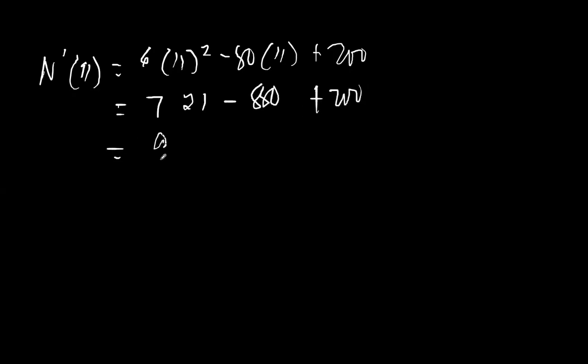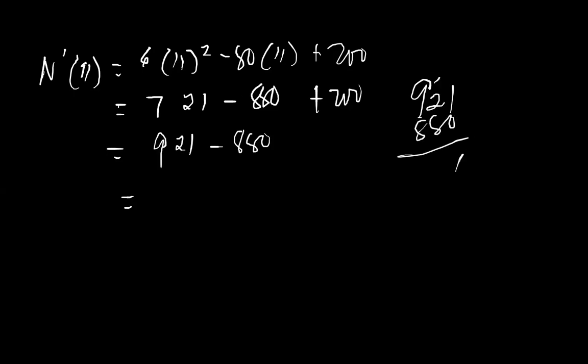So this is 921 minus 880, which is 41, if I'm not mistaken.